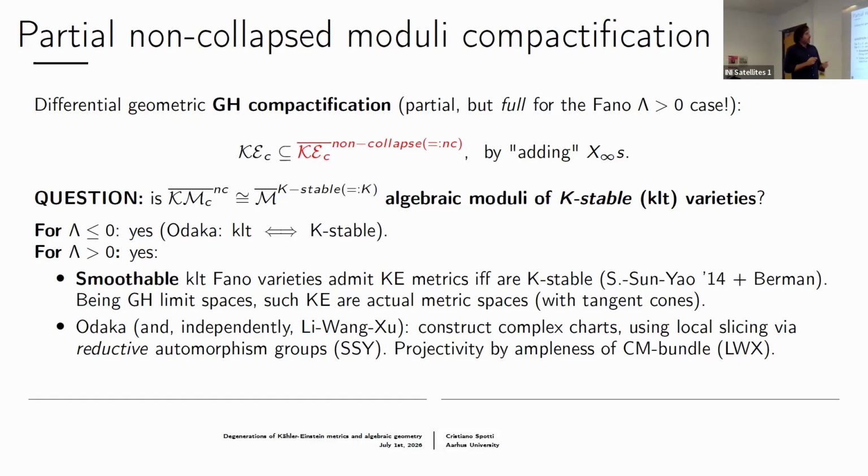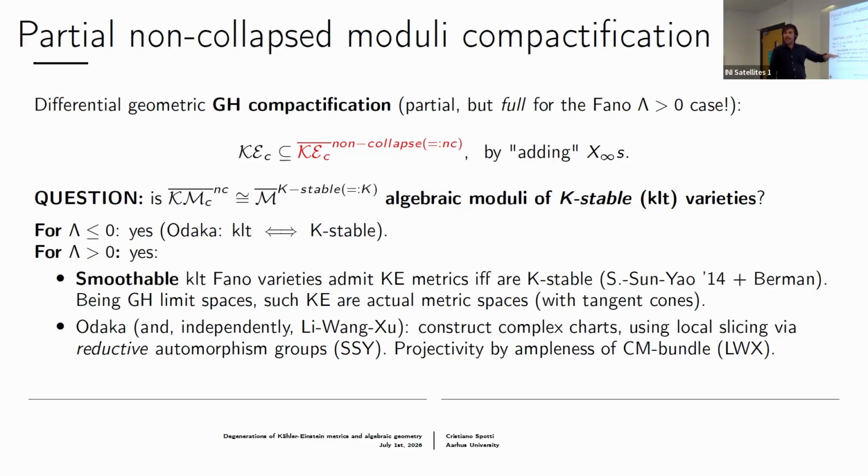In the Fano situation, yes, one can get that the YTD type conjecture extends to the singular world in the Gromov-Hausdorff setting, and these actually are Einstein limit spaces. So in particular, for these metric spaces, you can talk about tangent cones because all the results of the previous two theories pass to the limit. And in particular, for instance, they have reductive automorphism group because they have Kähler-Einstein metric.